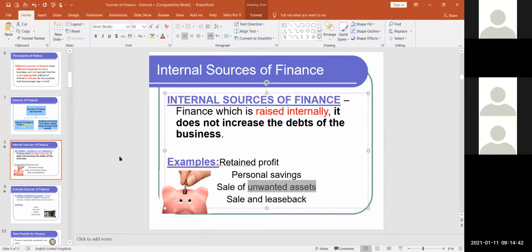Any questions? Retained profit, personal saving, sale of unwanted assets, and sale and lease back. Any questions?